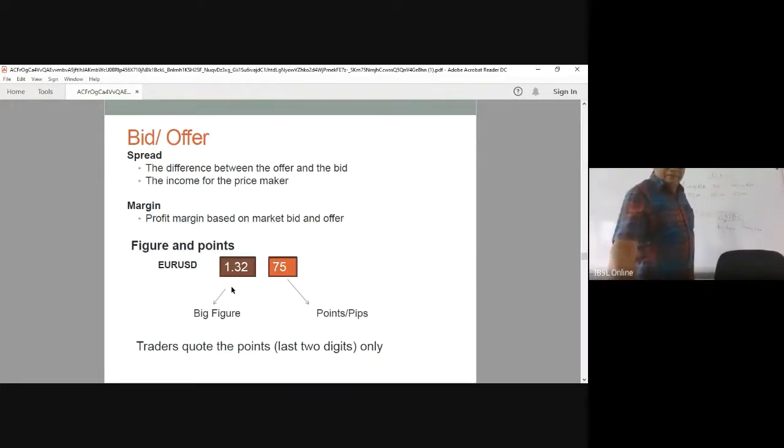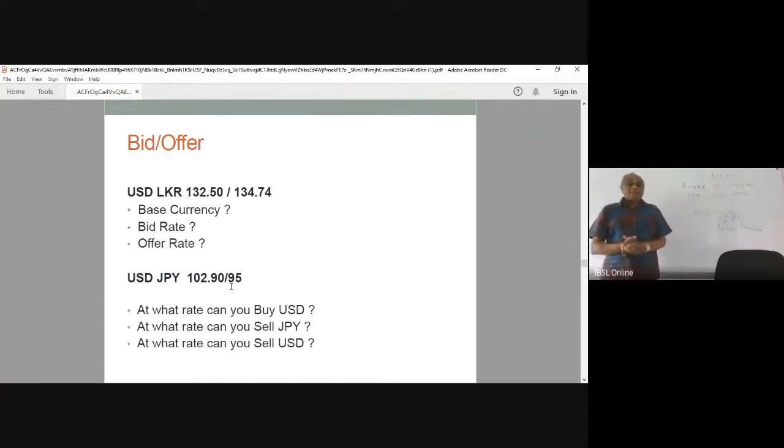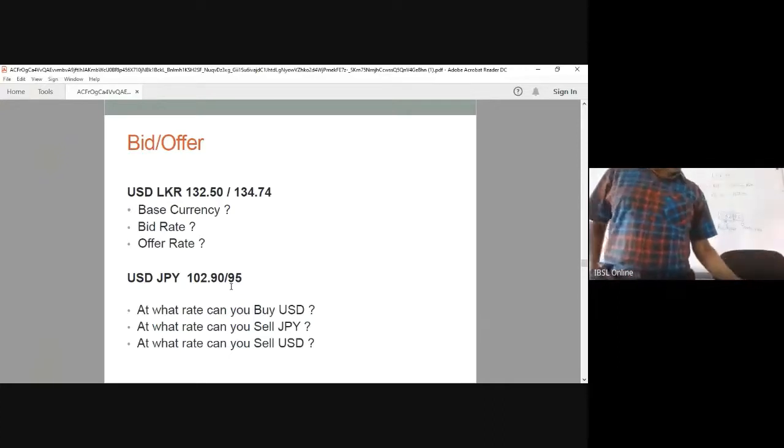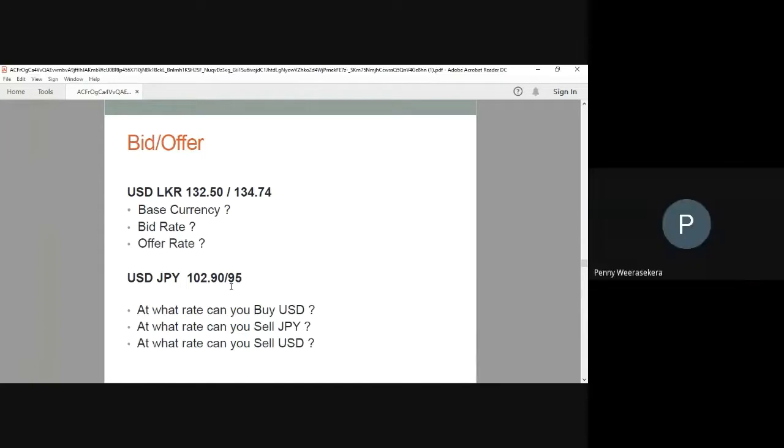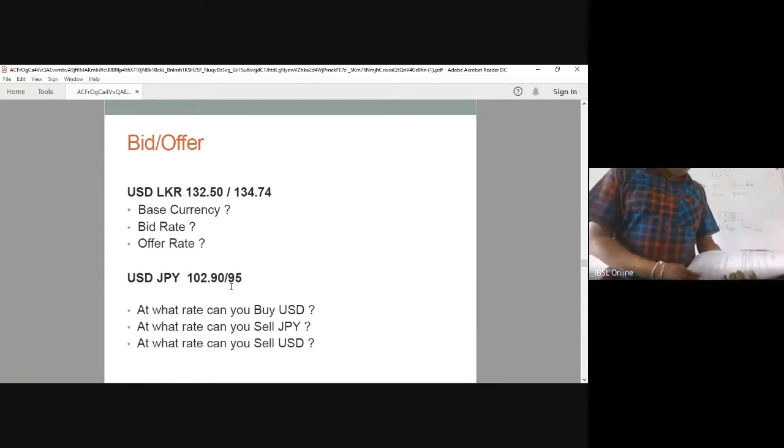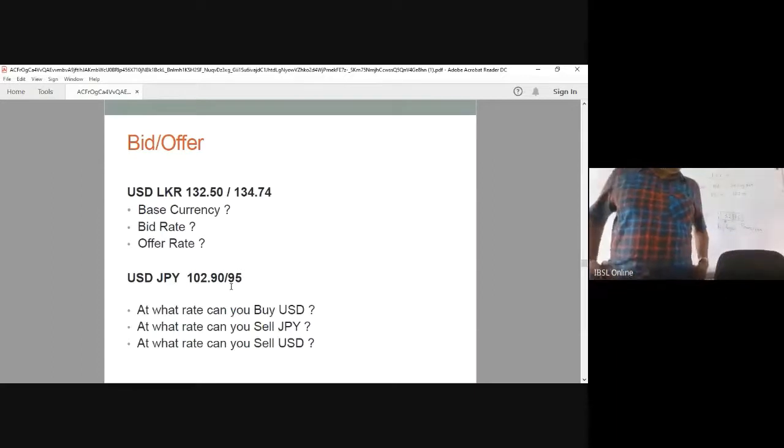Okay. We bid an offer, dollar LKR 132.50, 134.74. What is the base currency? USD or LKR?